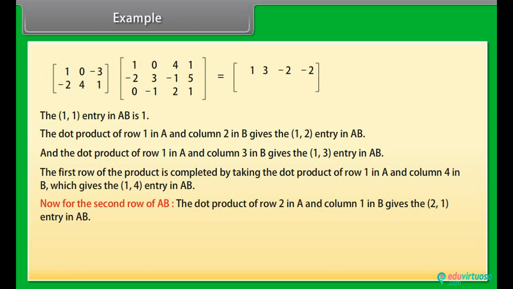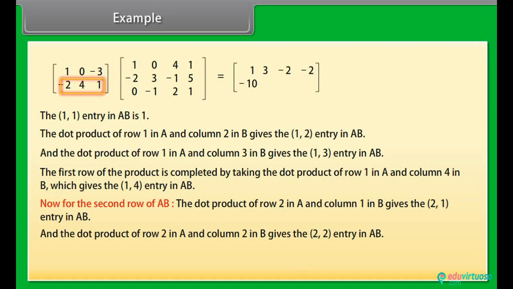Now for the second row of AB, the dot product of row 2 in A and column 1 in B gives the 2, 1 entry in AB. And the dot product of row 2 in A and column 2 in B gives the 2, 2 entry in AB.